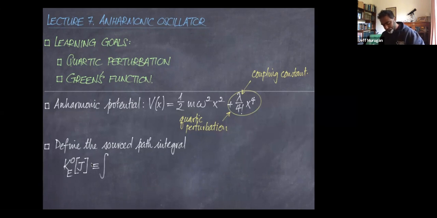It's a path integral over paths x of tau, weighted by the following exponential.